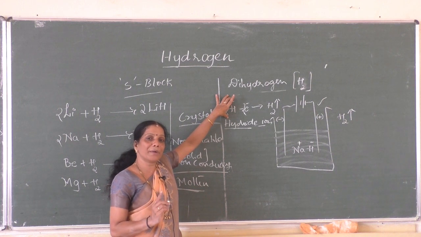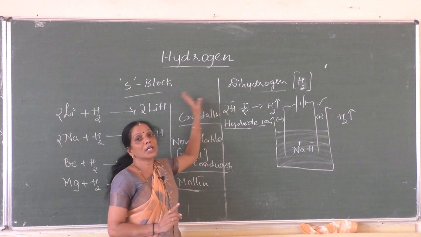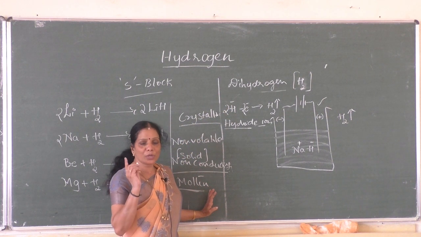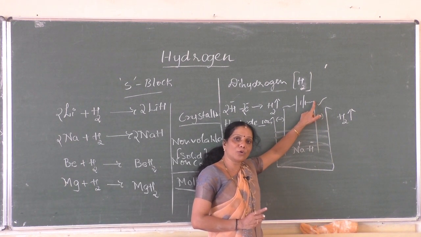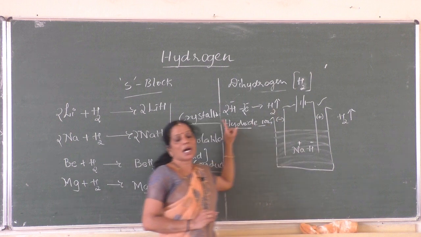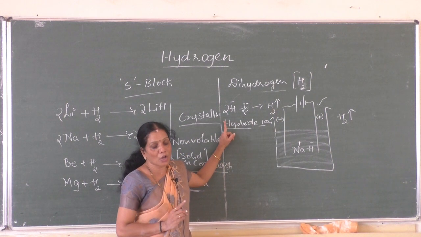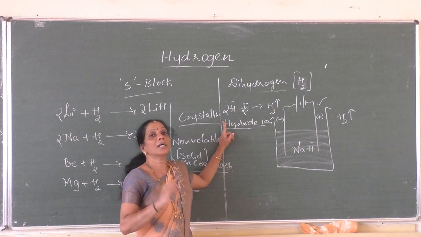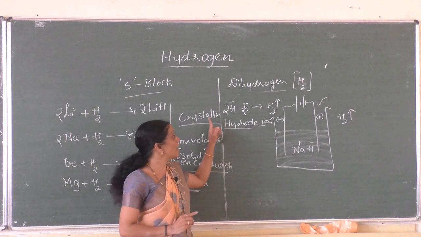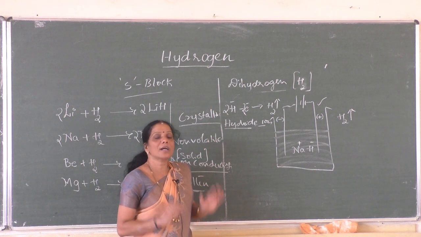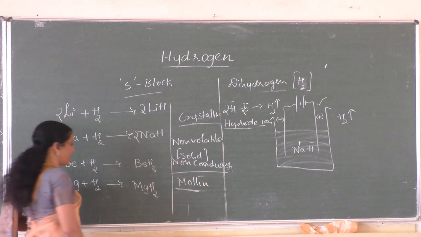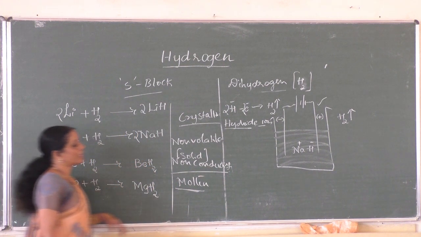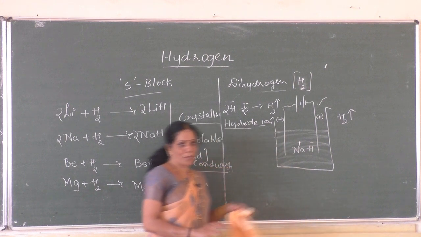It is confirmed by the electrolysis process of these hydrides. During the electrolysis process, hydrogen will be liberated at the anode. This confirms that hydrogen in an ionic hydride is in which form? Negative ionic form, that is an H minus form, called a hydride ion.